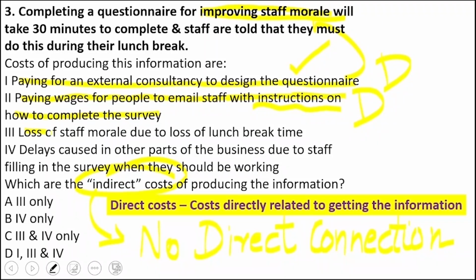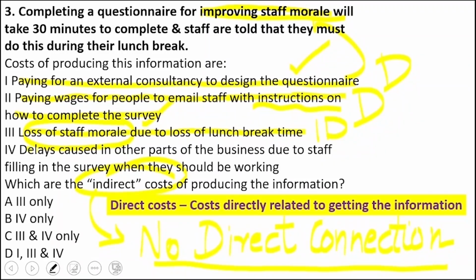Option number 3, loss of staff morale due to loss of lunch break time. Because of the loss of lunch break time, the staff is being sad and their other work is getting affected. So basically, this loss that the company is suffering is not directly related to getting the information. There is no direct connection. So it is an indirect expense.